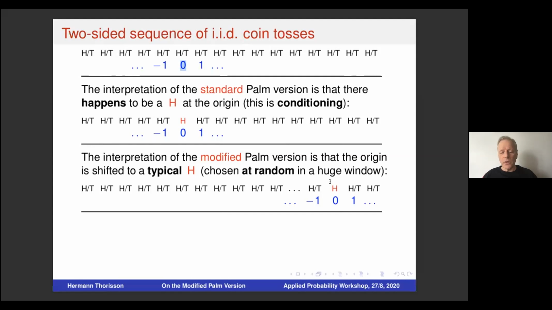So I chose this one, and there is a lot going on in between because we are in a huge window. And that is a typical head. And what we see from this head is going to be i.i.d. coin tosses in both directions. So it's exactly the same thing as we see from here.